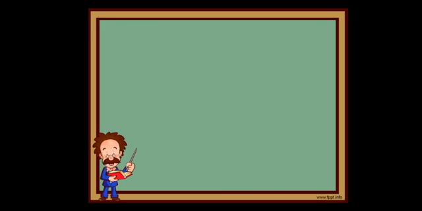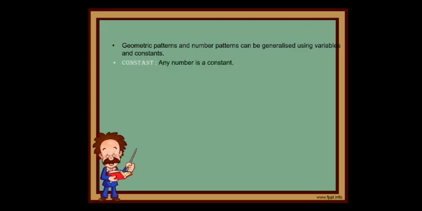I have already said that in your 6th standard you observed geometric patterns and number patterns and generalized them using variables and constants. So recall what is a constant. Any number is a constant.